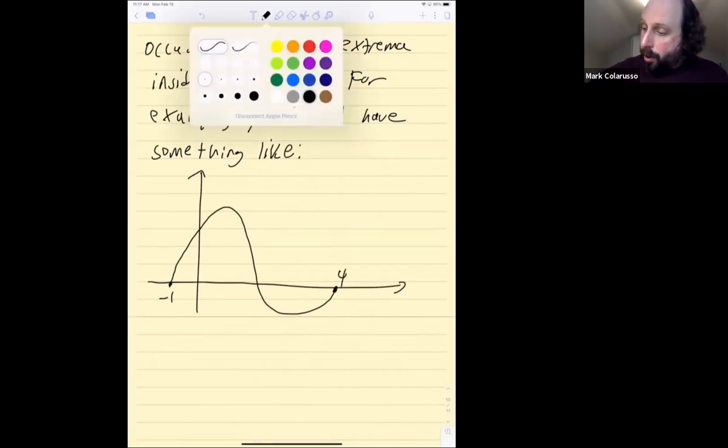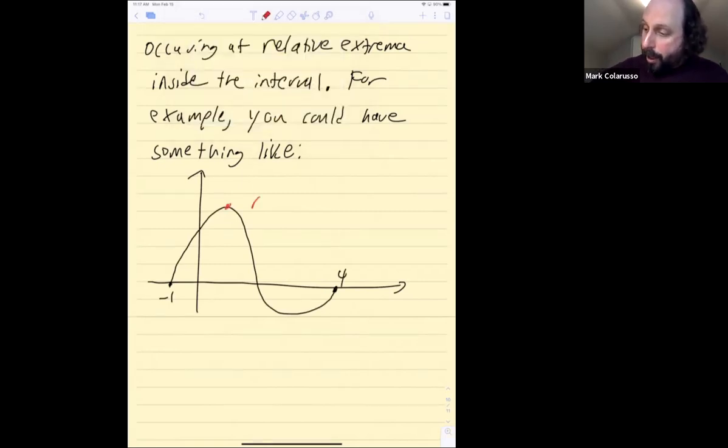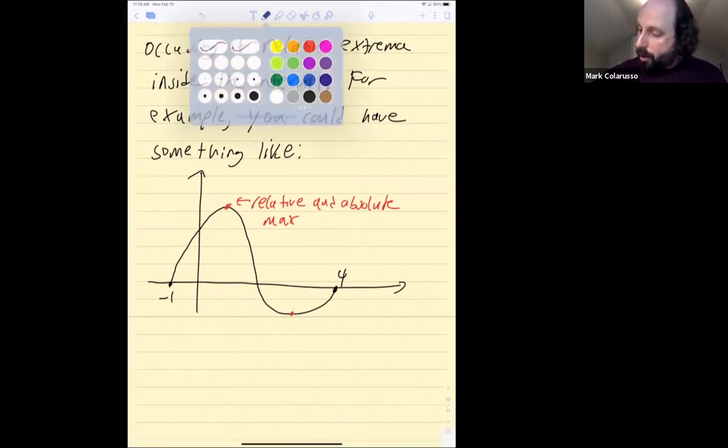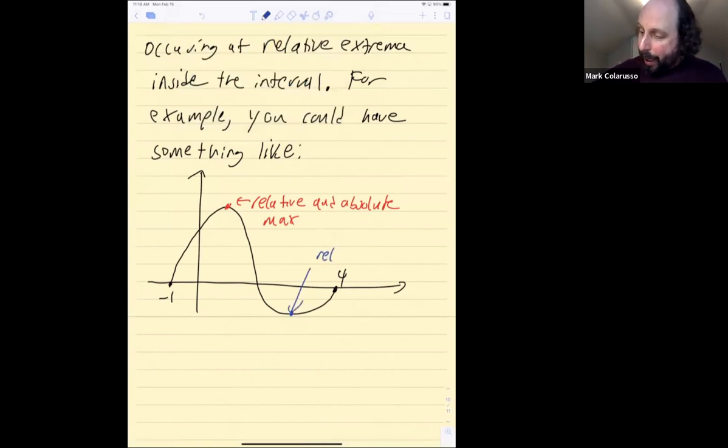So this is your relative max and absolute max. And over here, maybe we use a different color for this one, blue, this is your relative and absolute min.